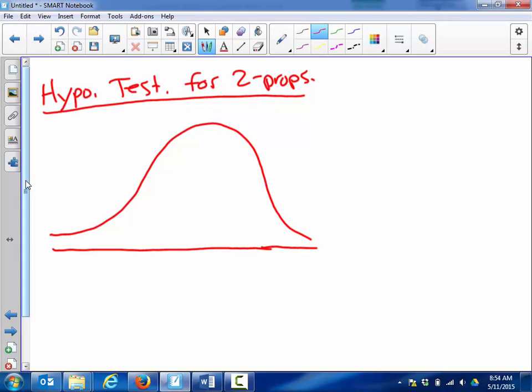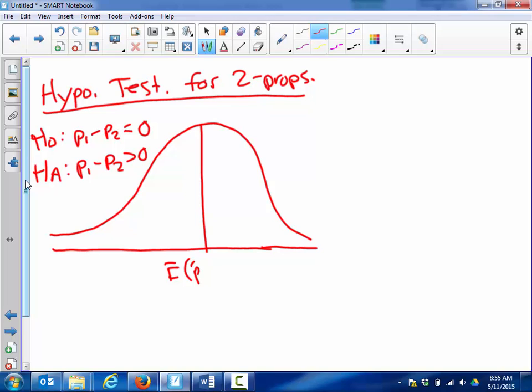We've got our normal bell curve that everything hinges upon. And let's say that your null hypothesis is that your population proportion from the first group minus the population proportion from the second group is 0, and that your alternative is that, I don't know, maybe the second population has a greater population proportion.